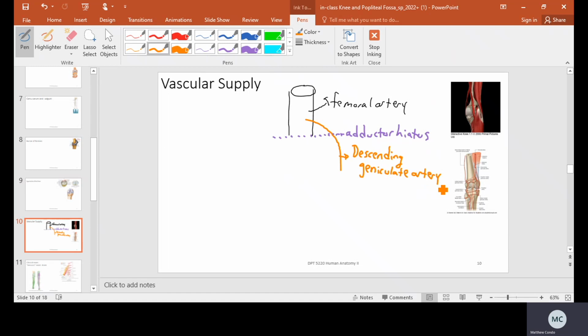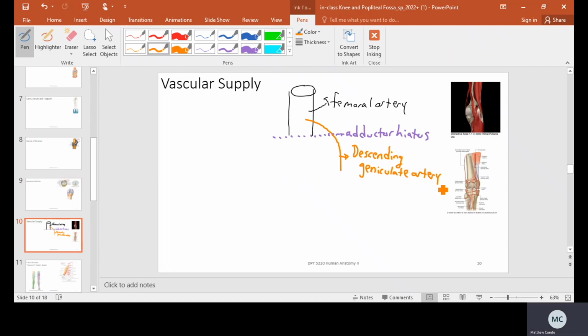Okay, it says what it is. It is the genu, or genus, the knee artery that descends. Easy as that.